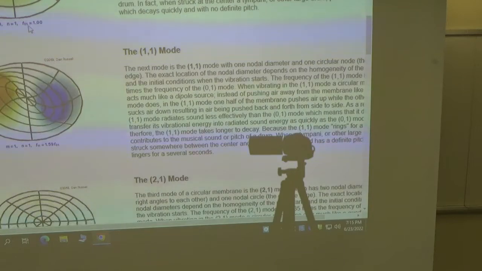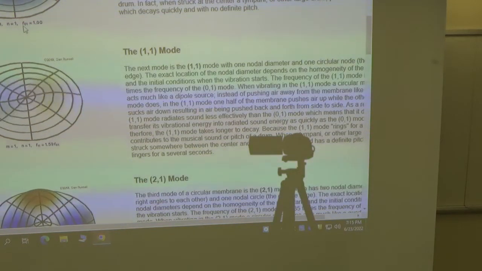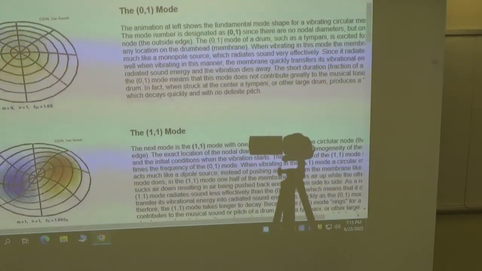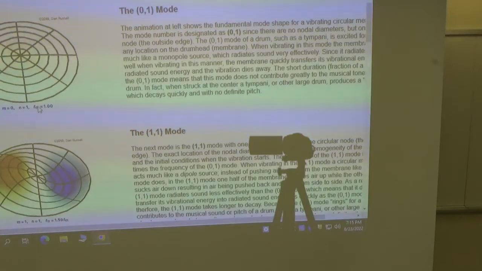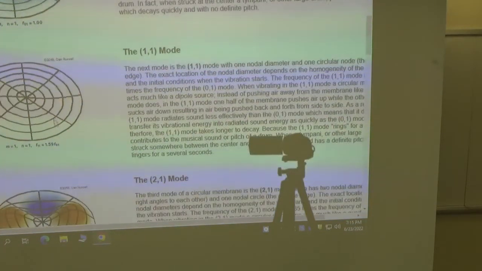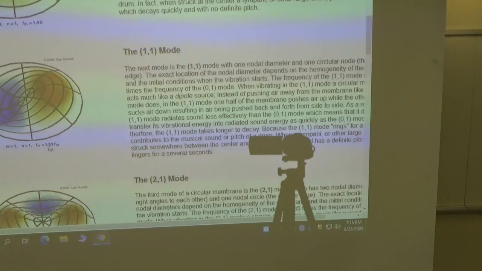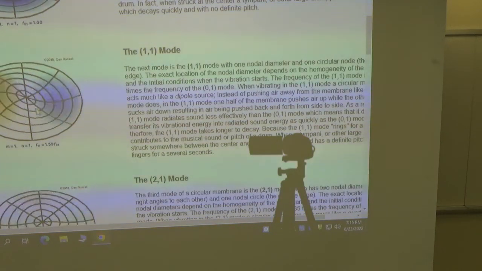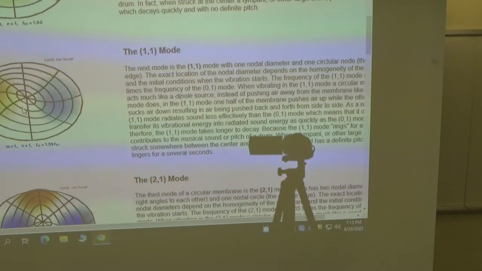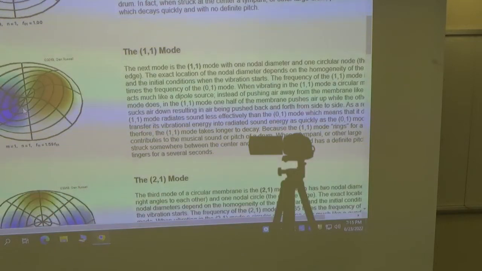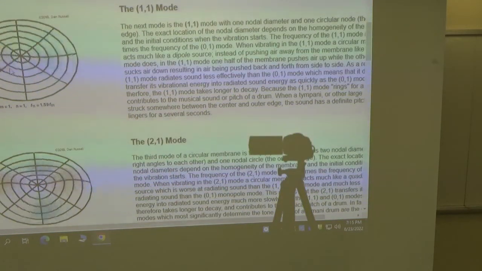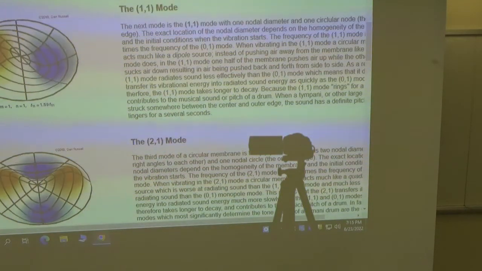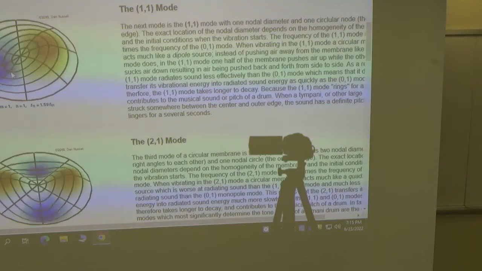It's hard to see from there, but if the fundamental frequency, the lowest frequency, is 1, then this is 1.6 times the basic. That would be like a fourth interval or something like that, I think.